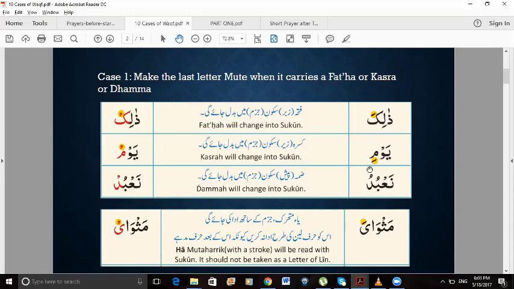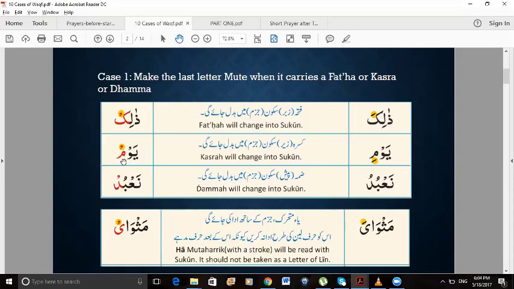Same goes over here. Normally, without pausing, you would read this as yawmi. What happens when there is a pause sign is that the kasra will change into a sukoon. So this kasra underneath the meem will change into a sukoon like this. So instead of reading it as yawmi, you would read it as yawm.